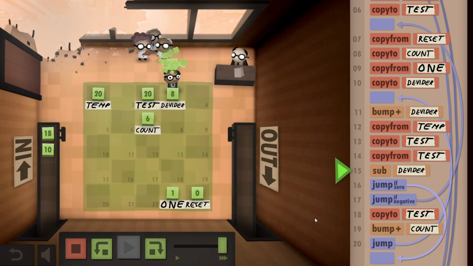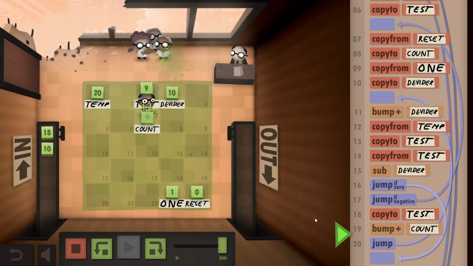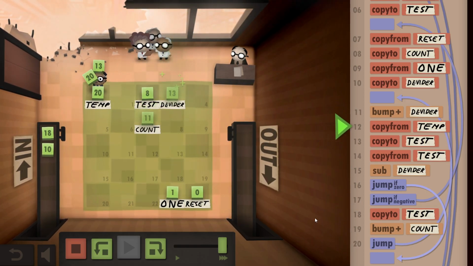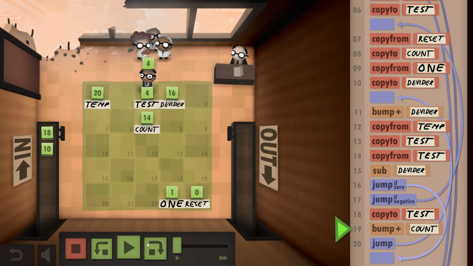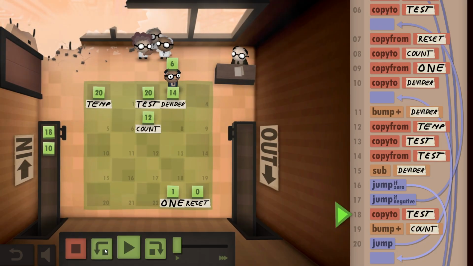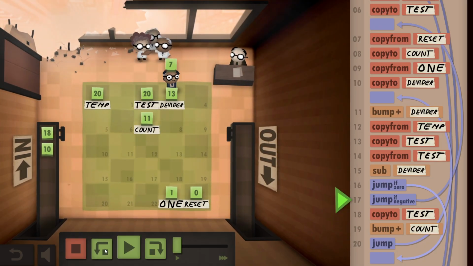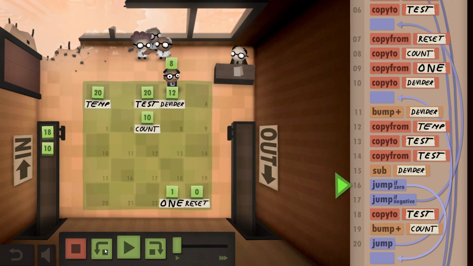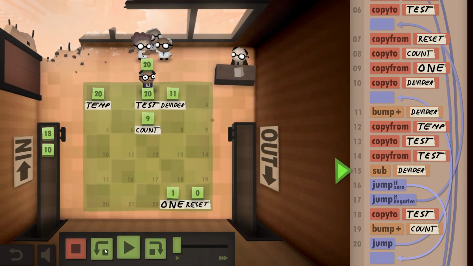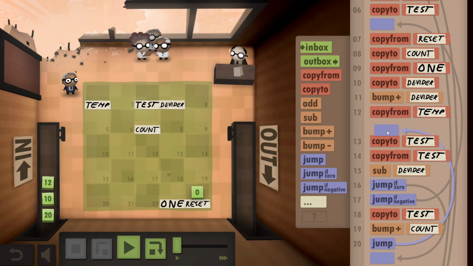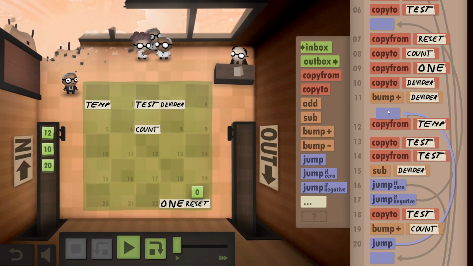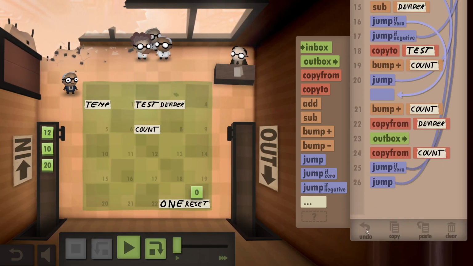And we are in loop. Oh no, we are just... What the hell am I doing? Why is this not working? Why is this not working with 5? What did I F up? Oh, my bad. I've jumped the wrong one.